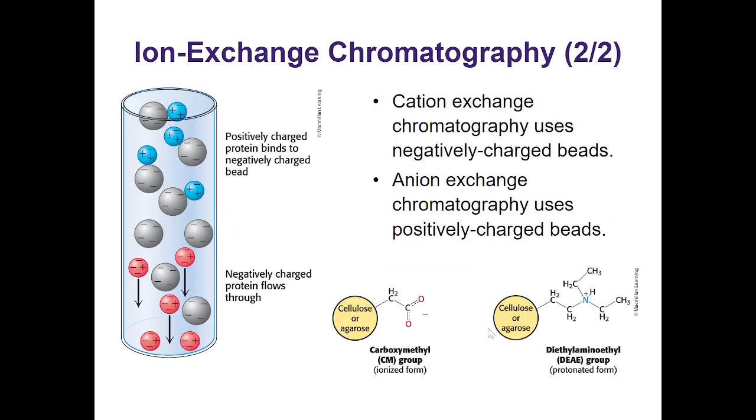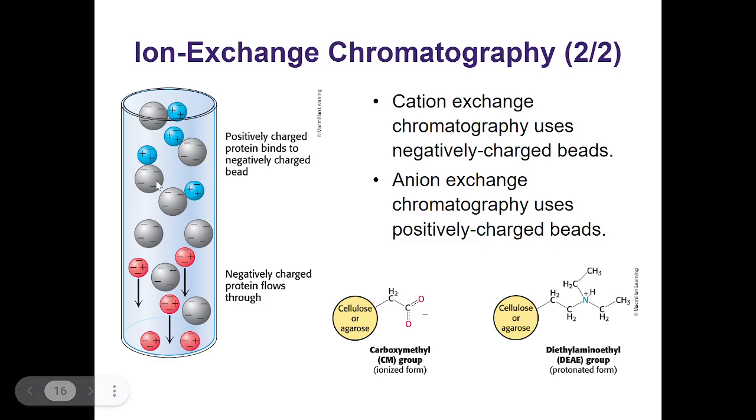This actually shows you what this looks like. So right here we see that we have some positively charged proteins at this pH. Those would have an extra positive charge on a side chain. They're going to stick to our negatively charged beads. By the way, these beads don't exist within a vacuum.